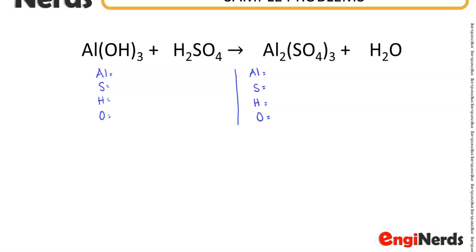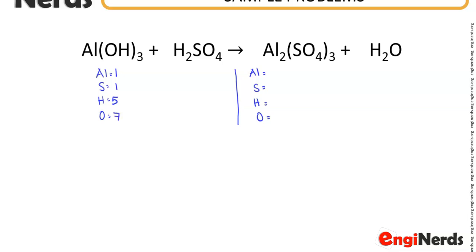Okay, so we have 1 aluminum, we have 1 sulfur, and on hydrogen we have H3 plus H2, so we have 5 hydrogen. And on oxygen we have 3 plus 4, we have 7 oxygen.